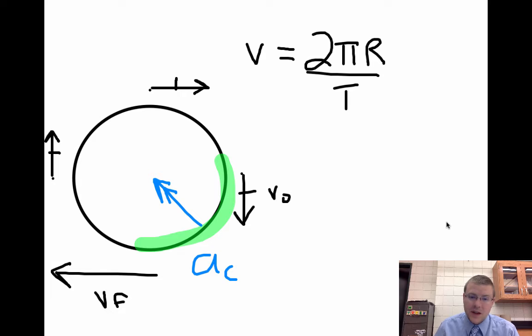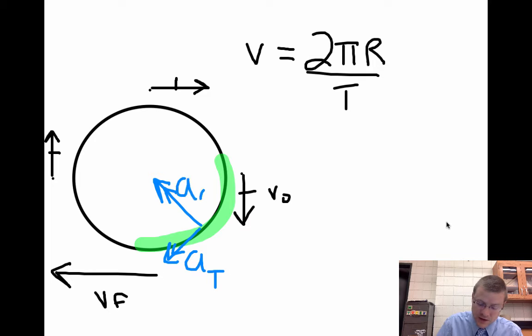So what that means is as you're centripetally accelerating around the circle, you're also linearly accelerating, or tangentially accelerating, along the curve as well. The centripetal acceleration is the inward one, and the tangential acceleration is the one that lines up with the circle.